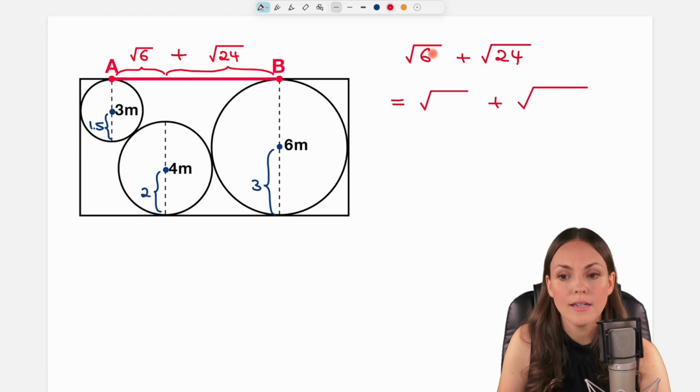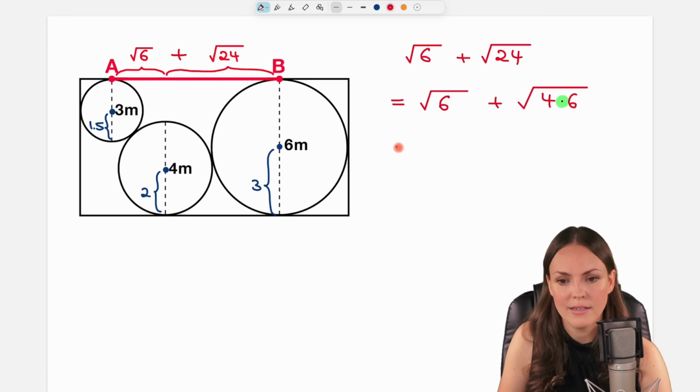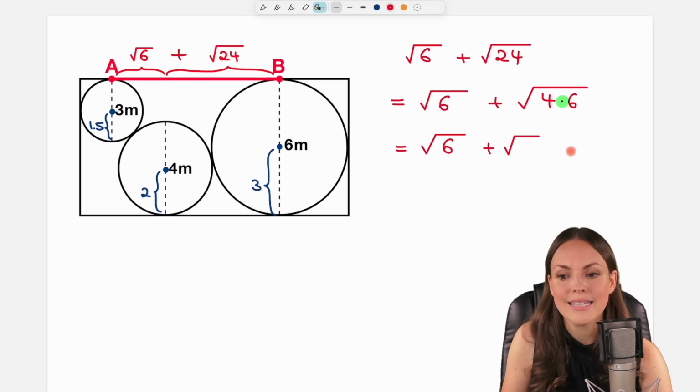And the 6 is a part of the 24. I can write the 24 as 4 times 6, where I have the 6 in here, and I also have the 6 in the first square root. And now that I have a multiplication here, I am allowed to write this one big square root as two separate square roots that are multiplied by each other then.